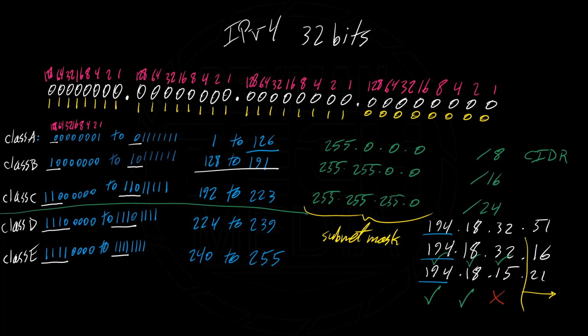Another thing we need to keep in mind in the host portion, for example, if this IP address 194.18.32.51 was .16, and because here we have .16 already in use, and if these 2 IP addresses belong to computers on the same network, same location, this is considered a duplicate IP address.